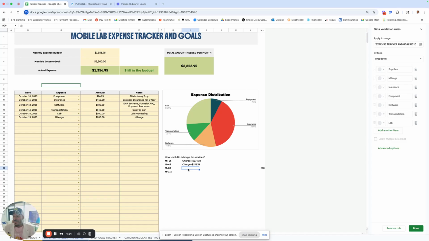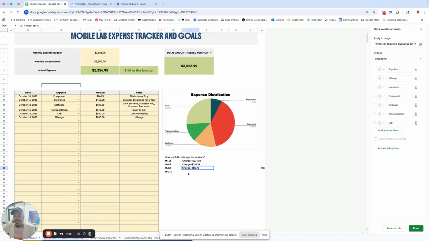Okay, so it'll be $85.72. Okay, so you see how this is working? The more patients we see, the cheaper the price and more affordable it is for your customers. Okay, so let me put this right here. All right, cool. All right, so $85.72 is what you would charge your specific patients to make your quota.